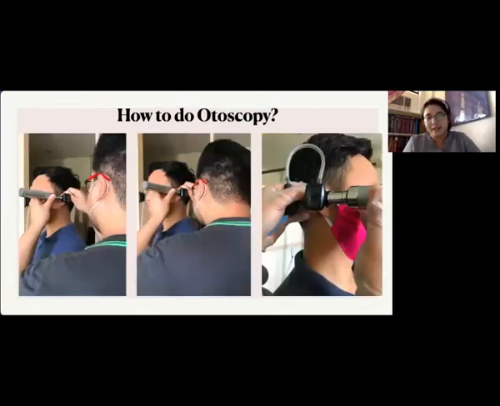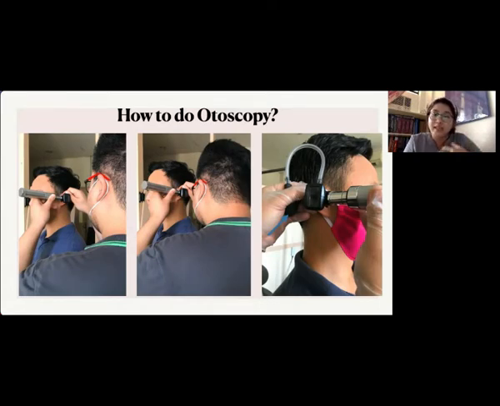On the left ear, the same procedure is done, but take note that the left hand is used to hold the otoscope, and viewing through the otoscope, we now use our left eye. As you can see in the rightmost photo, as pointed by the blue arrow, this is what we call the pneumatic bulb.